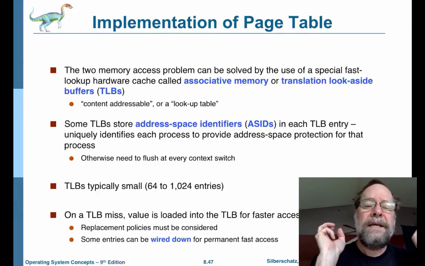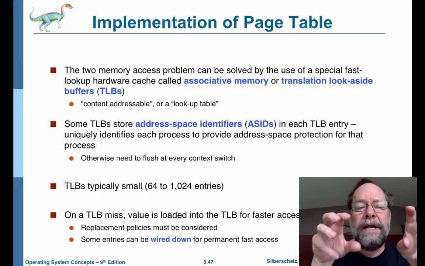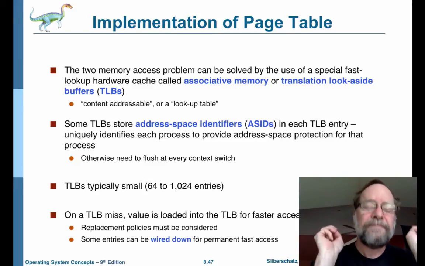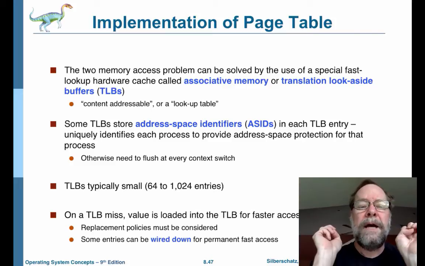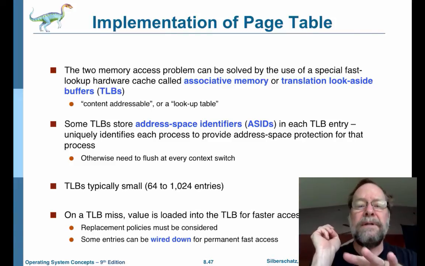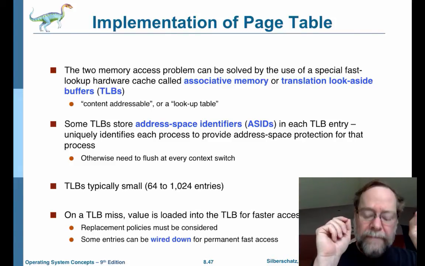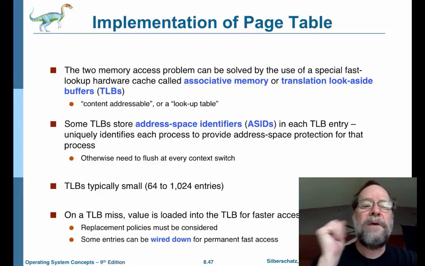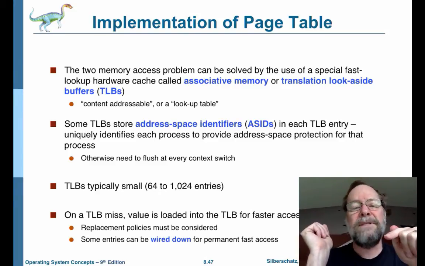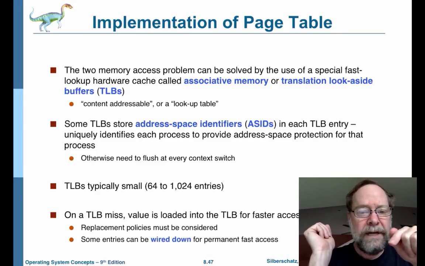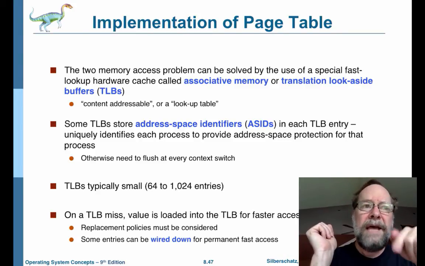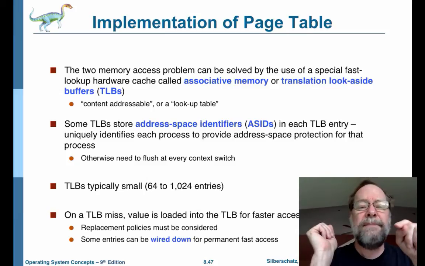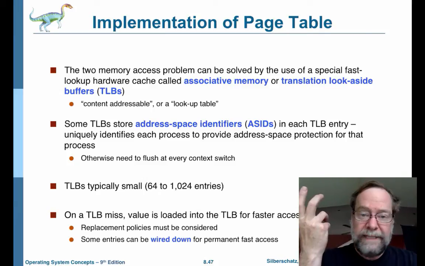So the idea then is what we're going to store in our content addressable memory is our page numbers. You can think about the pages as being keys into the memory so that when we present a page number to the lookup table, if the page is in the table, then the frame number just pops out.